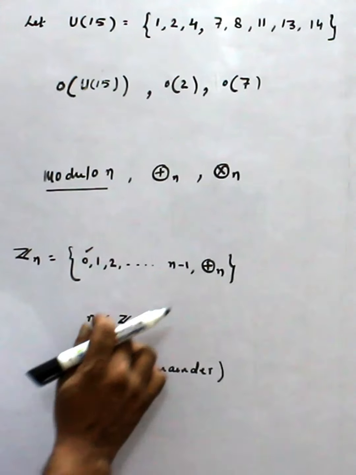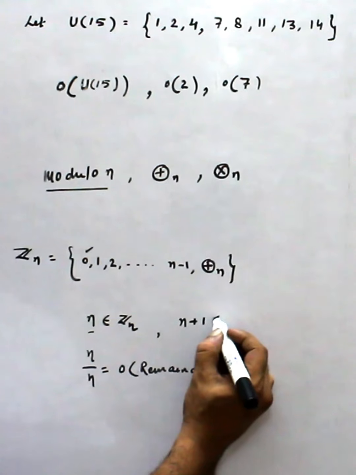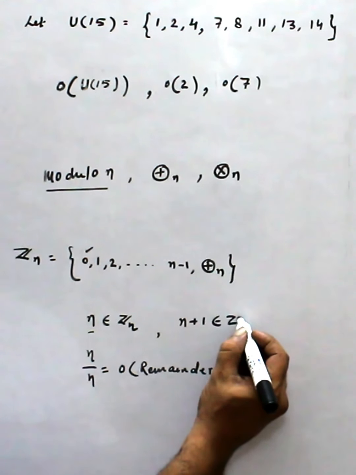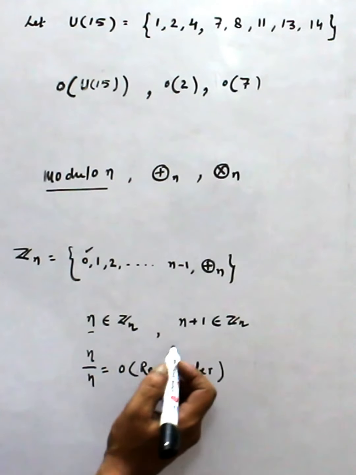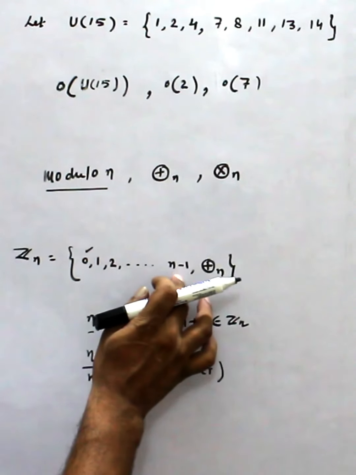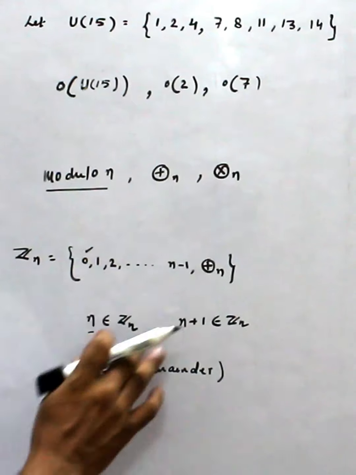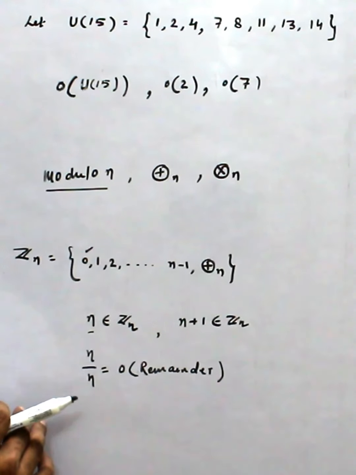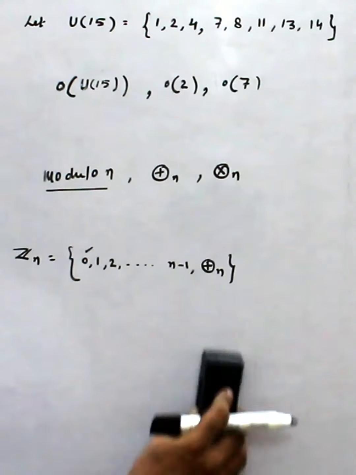That means the further element, if I say n plus 1 belongs to Zn, then this is congruent to 1. So like this, the elements larger than n minus 1 will start repeating themselves again. Therefore, this set contains n elements.